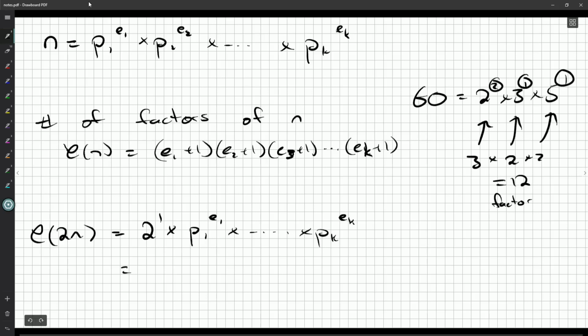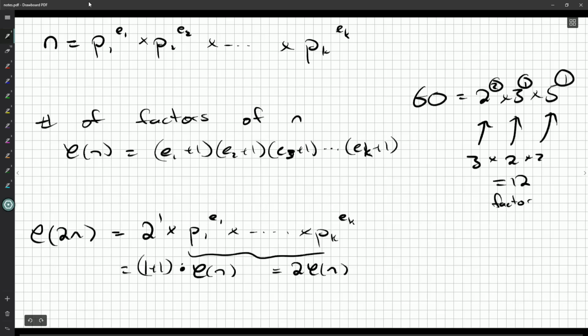So this would be 1 plus 1, which is 2, times, and then what do we get here? Phi of n. Okay, so that's possible, and so we'd get 2 phi of n. Or, so this happens if 2 doesn't divide n.